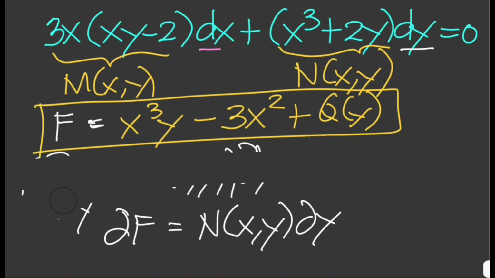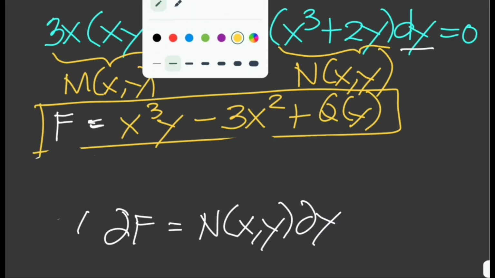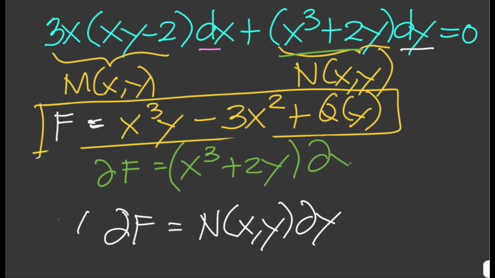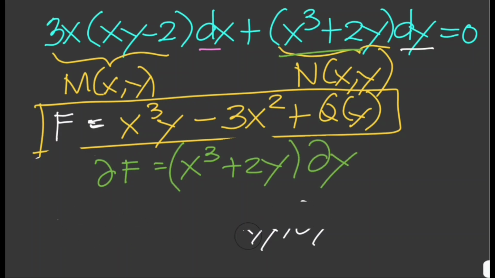Right. And now we have df equals n, which is x cubed plus 2y, dy. And then we integrate both sides.